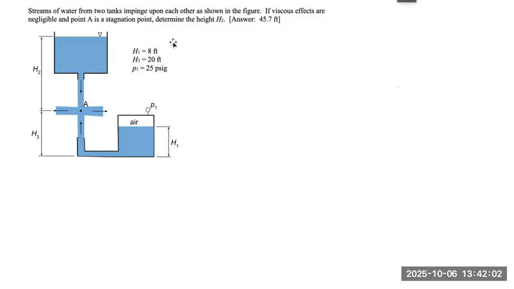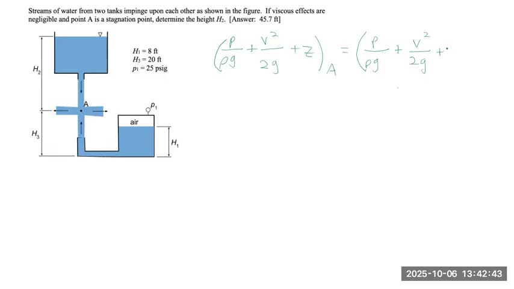So first, applying Bernoulli's equation from point 1 to point A, we have that the pressure over rho G plus V squared over 2G plus Z, which is the height at A, is equal to pressure over rho G plus V squared over 2G plus Z 1 prime.